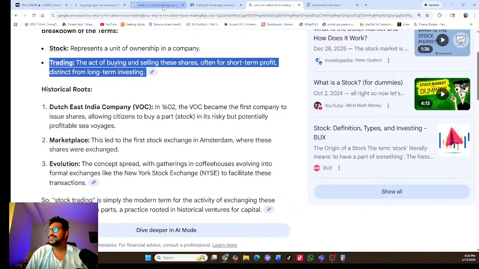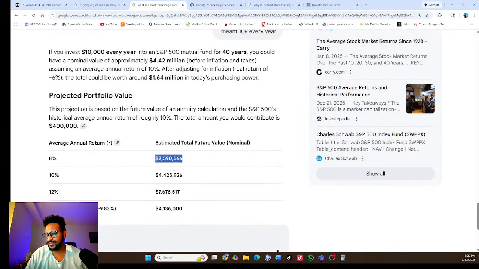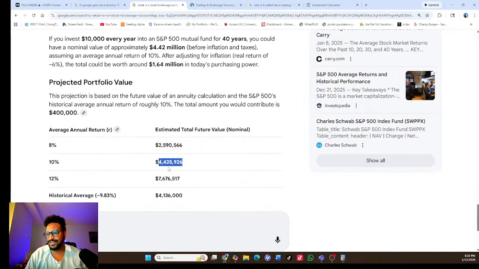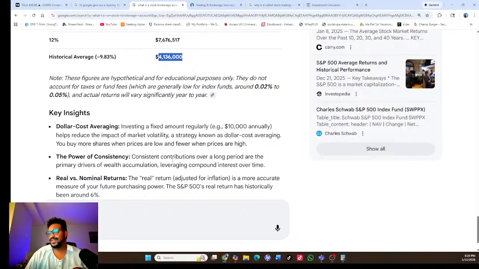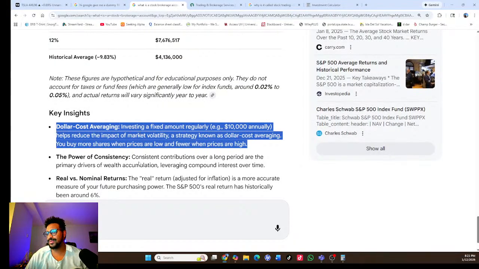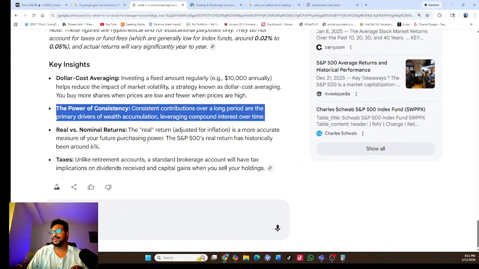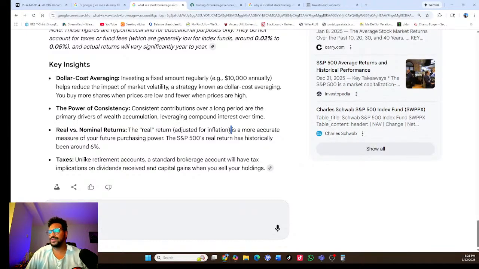If you did 10%, look how much the difference is, right? Dollar cost averaging, investing a fixed amount, helps reduce the impact of volatility, and that's the power of consistency. The real return is a more accurate measure.